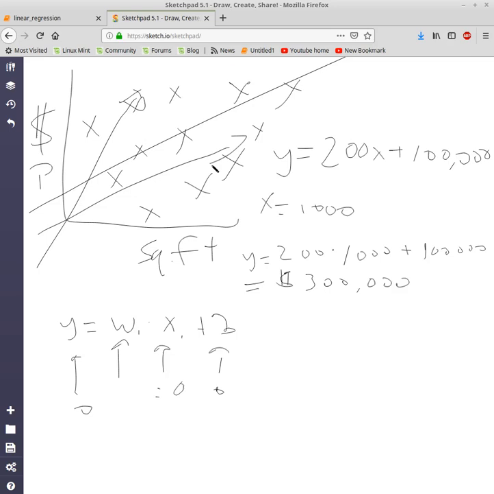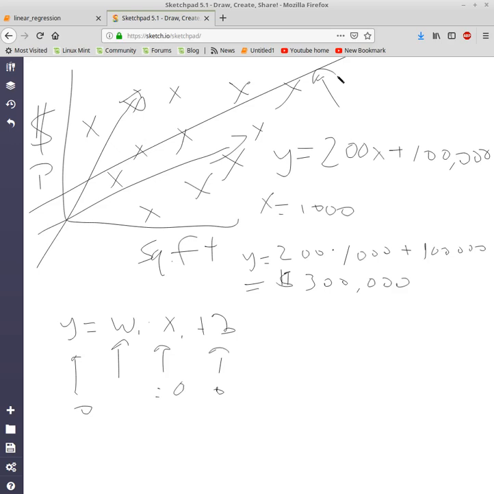So how do we find w1 and b that will make a good representation of this graph to get this best fit line that I've drawn here? We can use more than two methods, but two methods will be mentioned here, one briefly and one in detail. One is gradient descent, which is a really popular optimization algorithm for deep learning and machine learning in general.